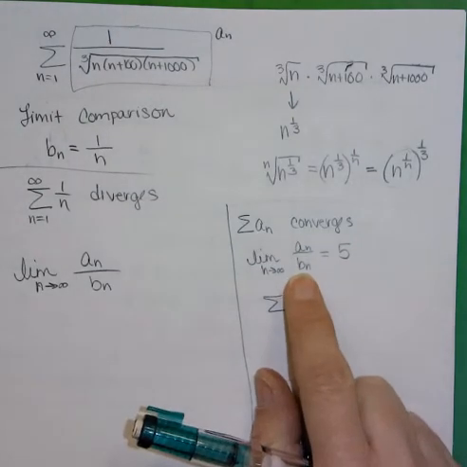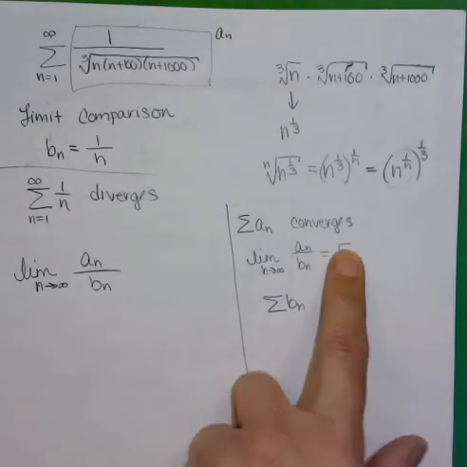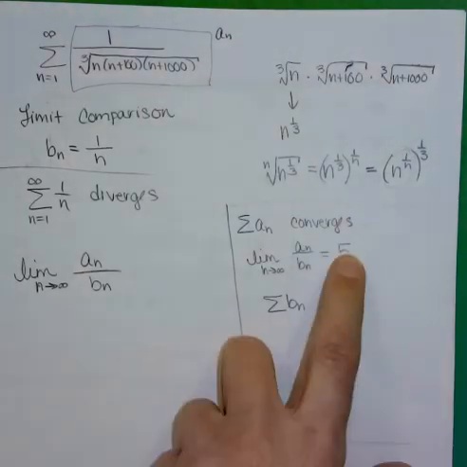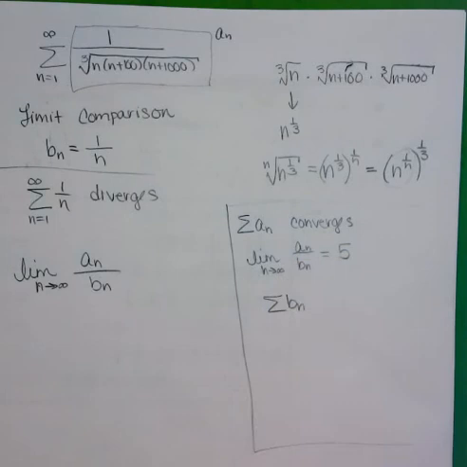Whenever you get a constant, that means eventually one is basically a constant multiple of the other, and you can just factor that constant multiple out. A constant times some finite number is a finite number. A constant times infinity is infinity. So if one diverges, they both diverge. If one converges, they both converge.